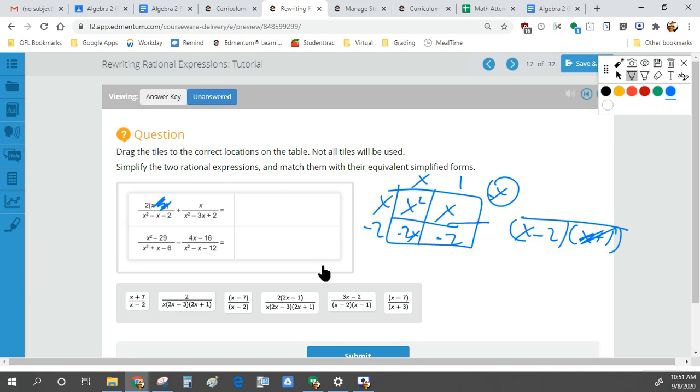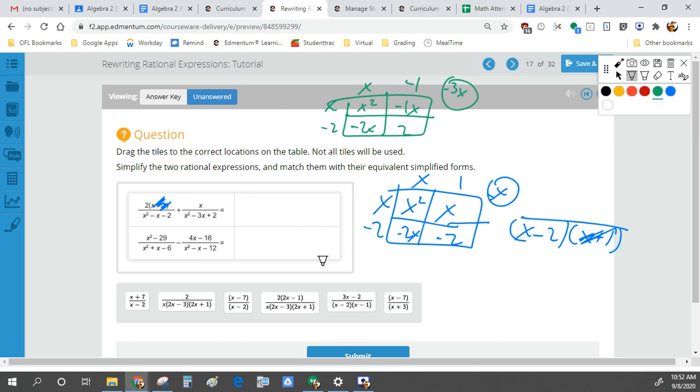If I do a box method for this other one, I'm going to go into x squared. I put a negative 3x here as my goal. This is a 2. This is x. I'm going to do negative 2 times negative 1. The two negatives will give me a positive. Negative 2x, negative 1x. That'll give me this negative 3x.